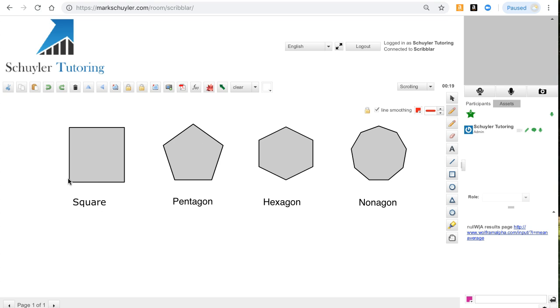So I'm going to use this square. I'm going to take this one vertex right here and put a point at that vertex, and at that vertex, and finally over here at that vertex. And I'm going to draw a line to every other vertex in the square, always starting from my original vertex.